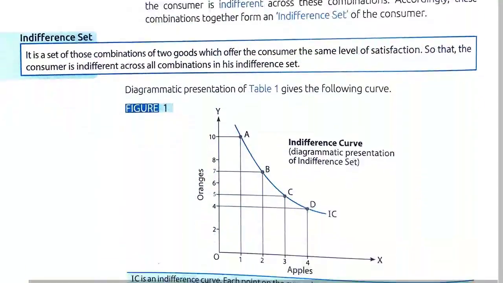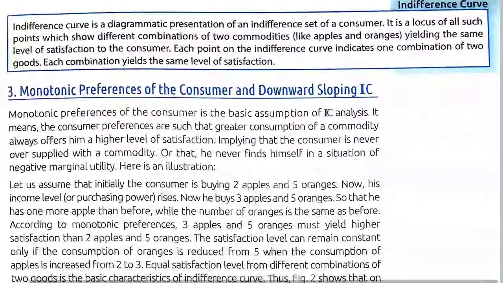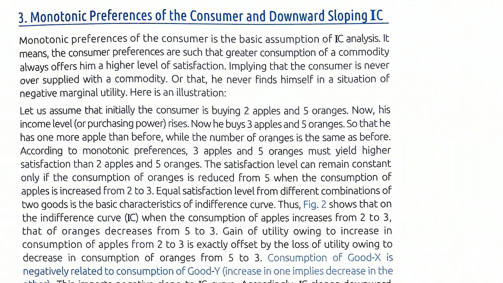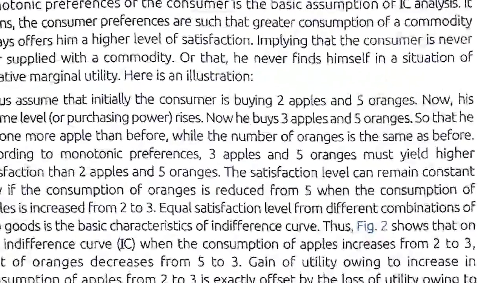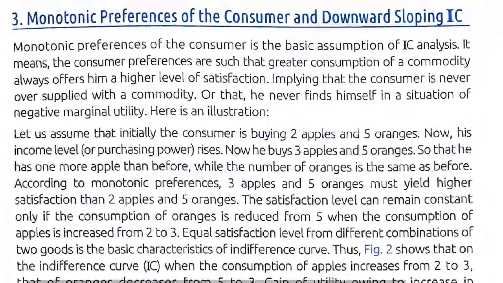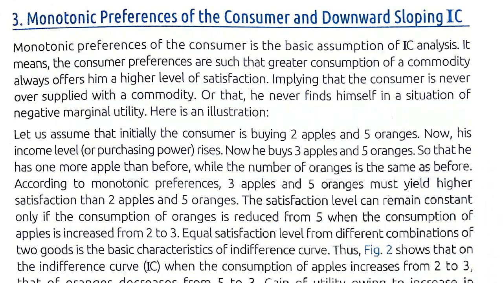Point number 3, monotonic preference. Monotonic preference comes from monotonous. Since the combinations are different but the satisfaction is the same, the preference of the consumer is monotonous, that means of the same type. That means he is preferring apples over oranges.